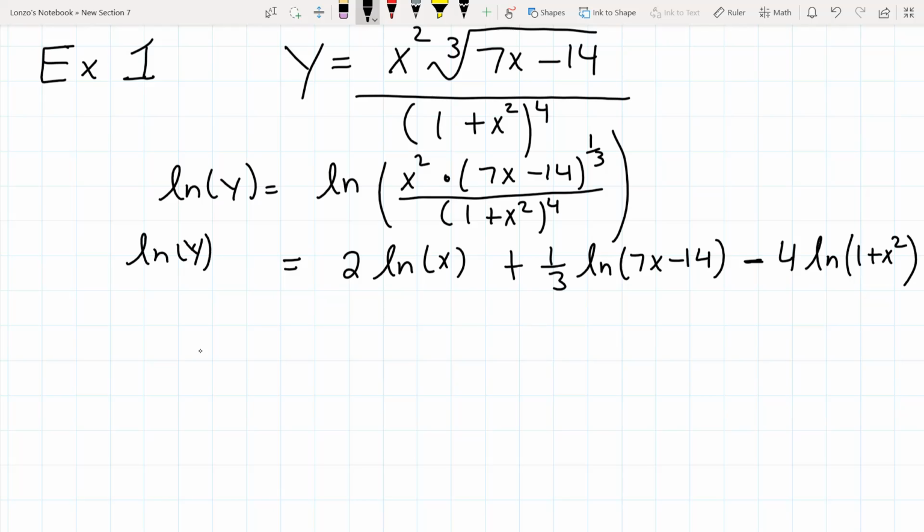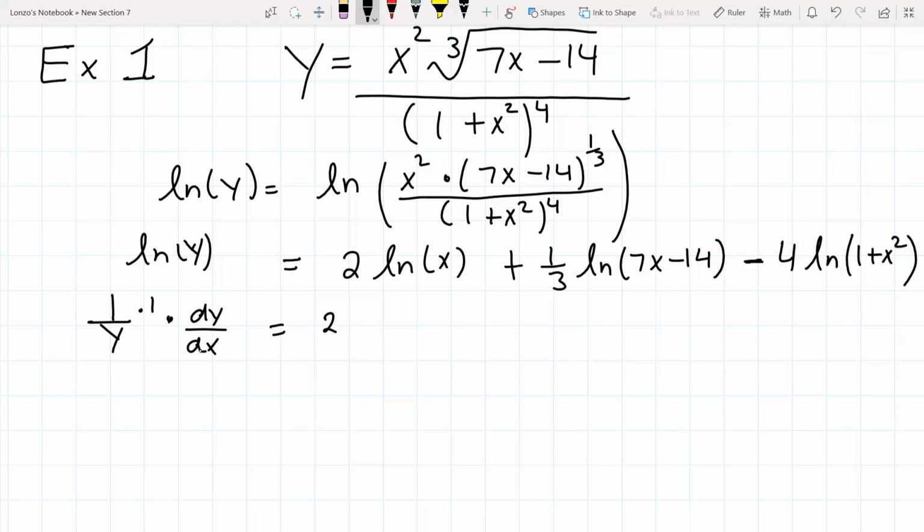Then what I would do is take the derivative with respect to x. So over here, the derivative of ln y is going to be 1 over y times the derivative of y, which is 1, with respect to x. So this would be dy/dx. This one over here, well, 2 is a constant, so you could just ignore it for right now.